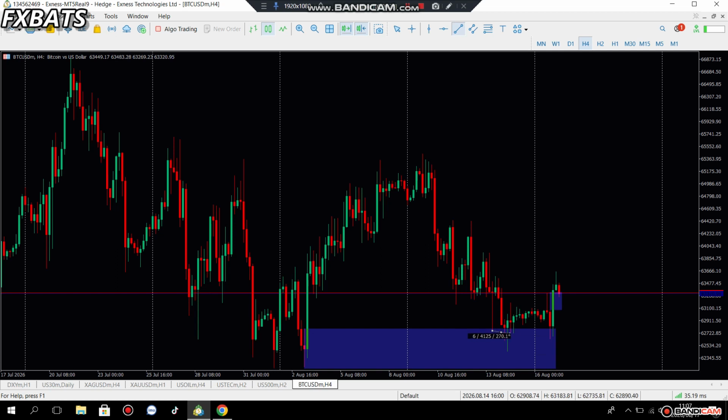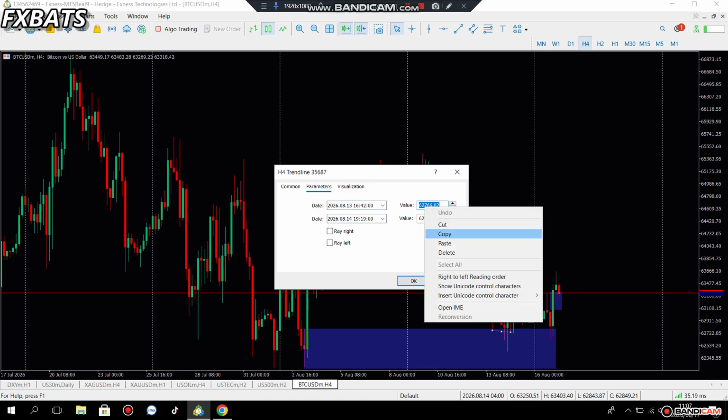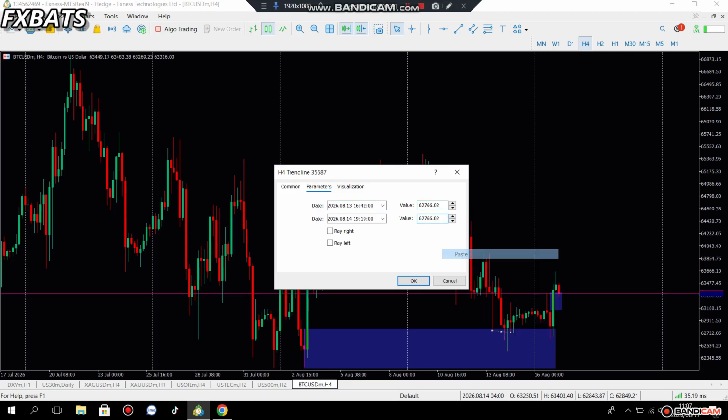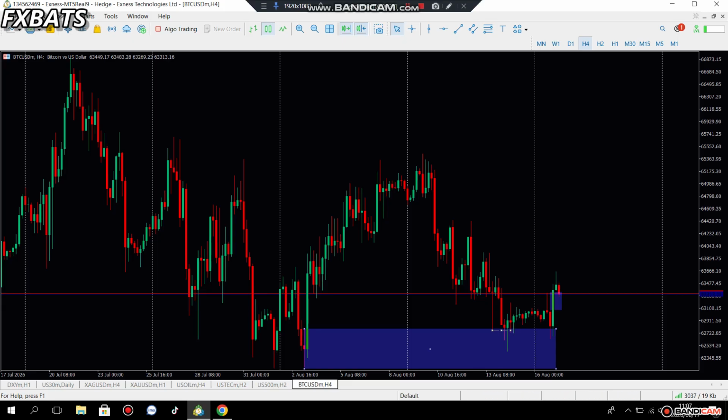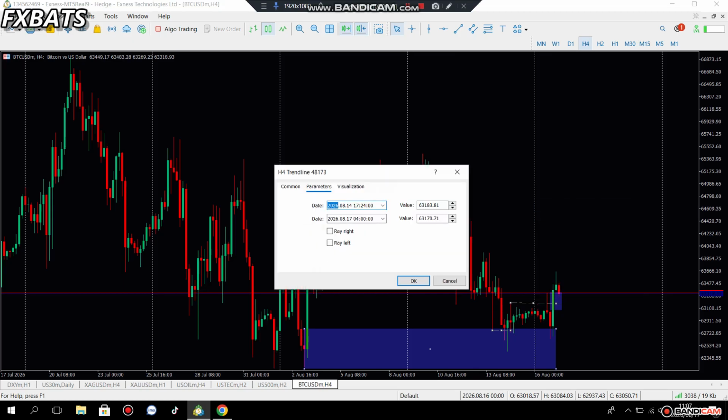And on 4 hour we can see this was our last low. It was a liquidity purge, and we could see that price ultimately shifted to the upside. This was our H4 change of character.